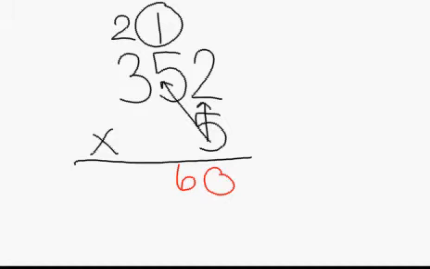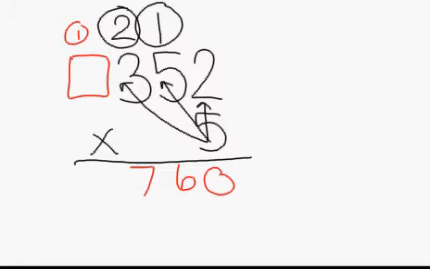Now, the last one is 5 times 3 is 15 plus the 2 is 17, and the 7 would go here, and you regroup the 1 right here, but there's nothing else to multiply by, so we just bring it down. So it's 1,760. Okay, let's try some more.